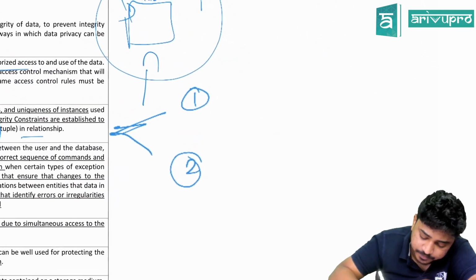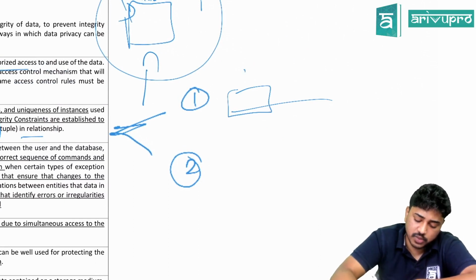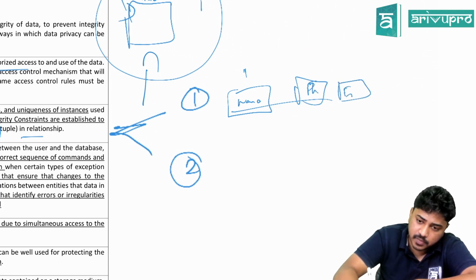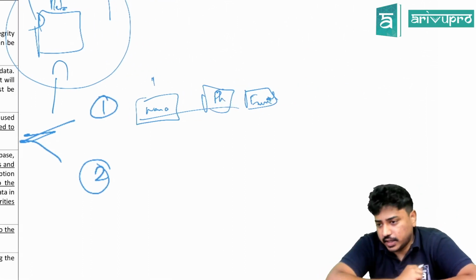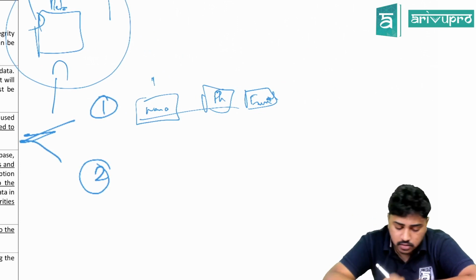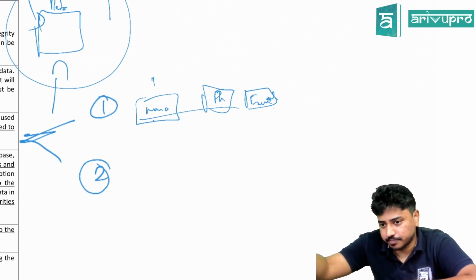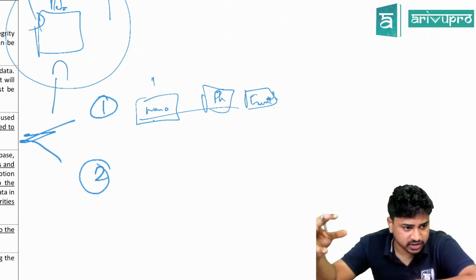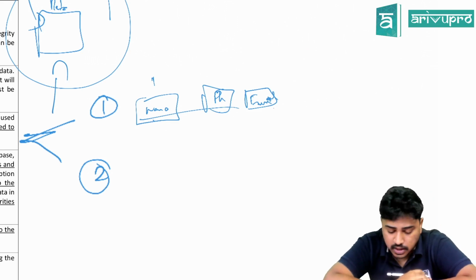Let us say the first column is name, the second column is phone number, the third is email ID. When you are collecting data, you enter name, phone number, email ID. You have established the relationship: first one is name, second one is phone number, third one is email ID.